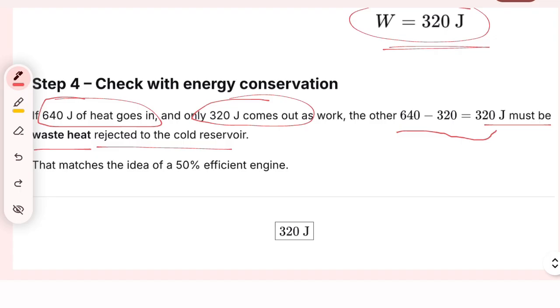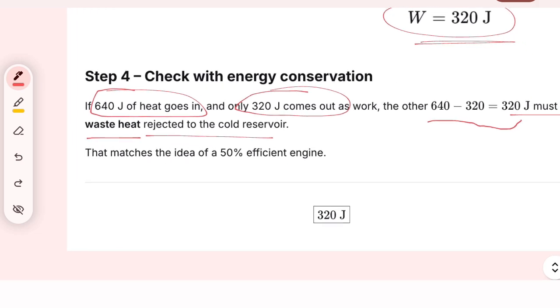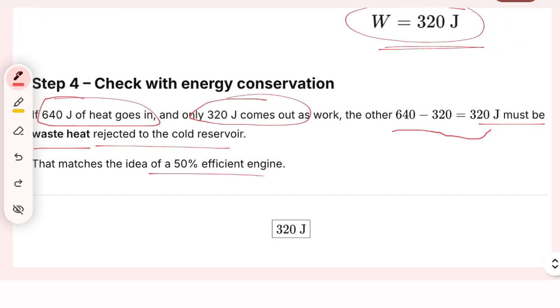So checking the energy conservation, because we want to know that what energy comes in is the energy that comes out. That matches the 50% efficiency of the engine, because the remaining 320 actually goes as waste heat, and that is rejected to the cold reservoir.